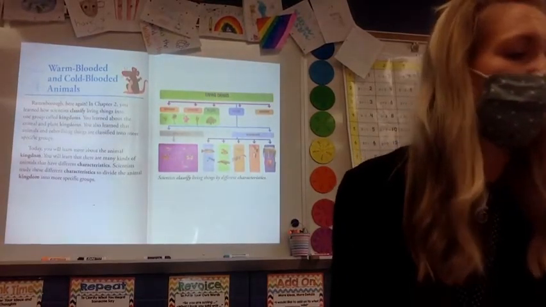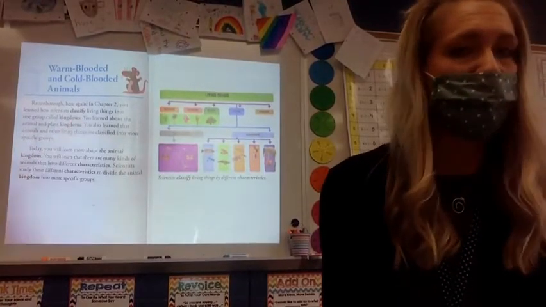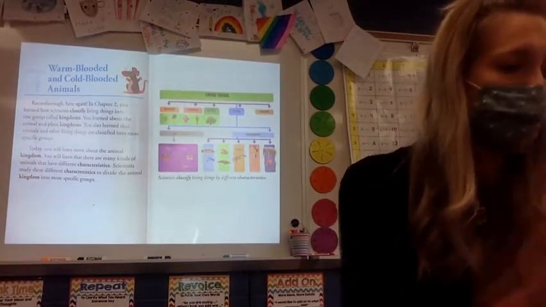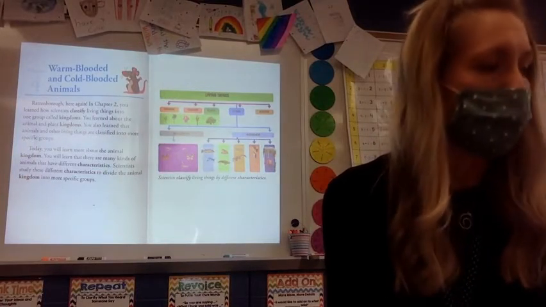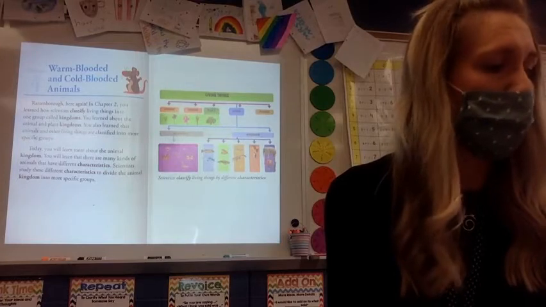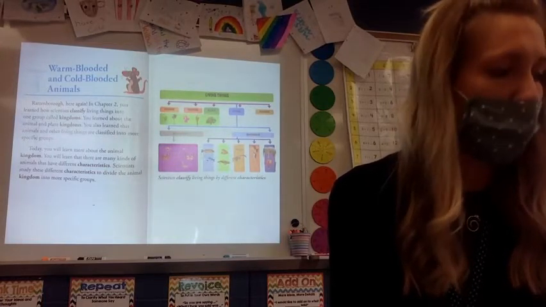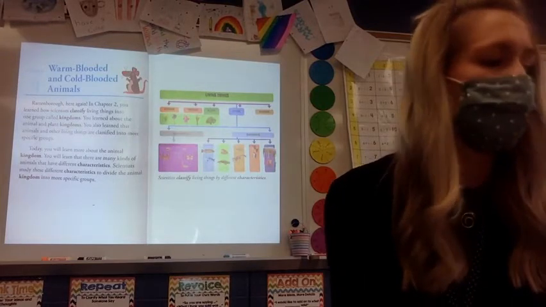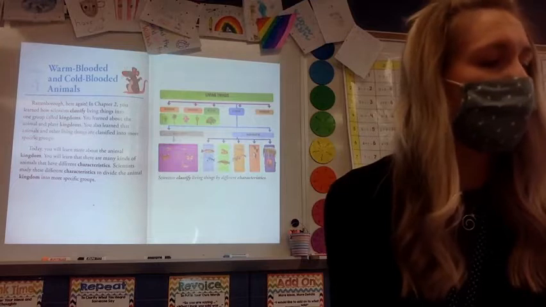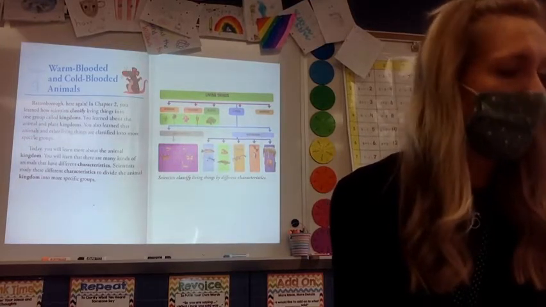Rattenborough here again. In chapter 2, you learned how scientists classify living things into groups called kingdoms. You learned about the animal and plant kingdoms. You also learned that animals and other living things are classified into more specific groups.